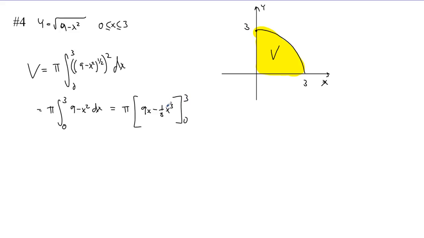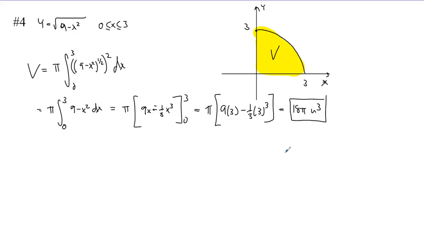When I plug 0 into these two terms, I get nothing, so it is pi times 9 times 3 minus 1/3 times 3 to the third. 9 times 3 is 27. 3 to the third is also 27, but when I take a third of that, I get 9. 27 minus 9 is 18, so this is 18 pi units cubed. That's going to be our first solution.